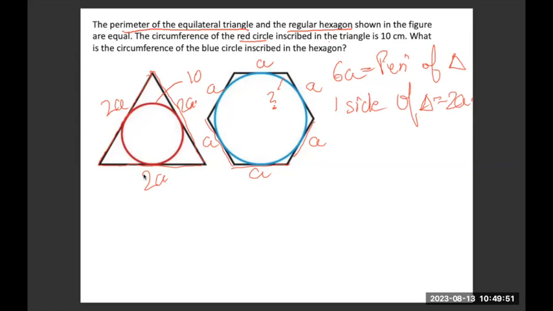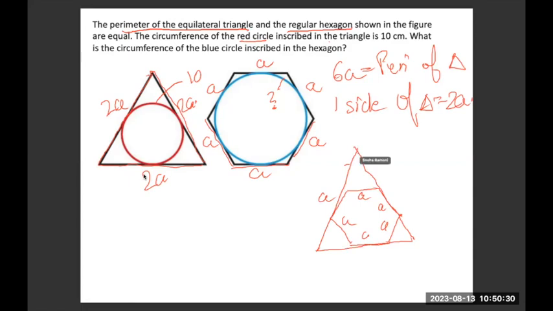Now, I'm just going to take one part here, okay? Just 1 second. Let me draw this. So now I have a hexagon with A here. And what I'm going to do is, because I want to proportionately equate the circles together, and the forms, a triangle and a hexagon, are different, I'm going to say, what if a triangle is extended out?